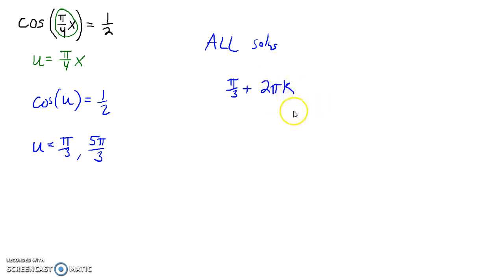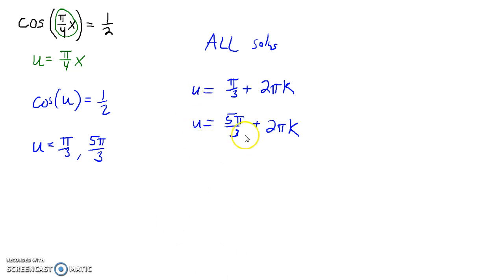The idea here is that k is representing any whole number or integer constant. And then of course 5 pi over 3, add any number of full rotations will also give me a solution, right? And those are my u values.